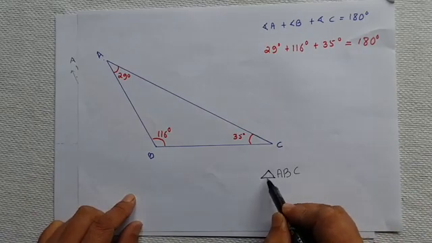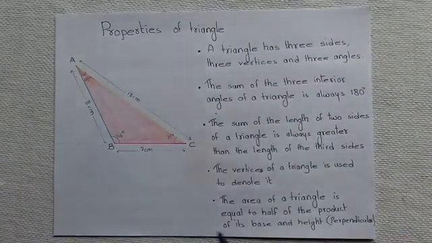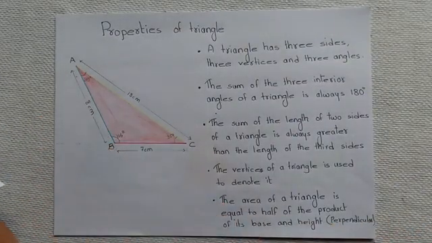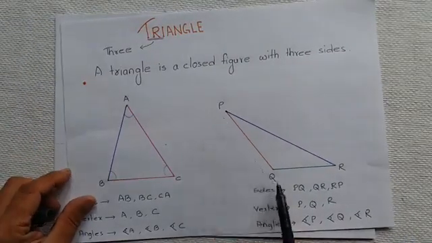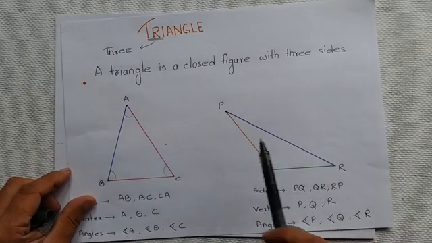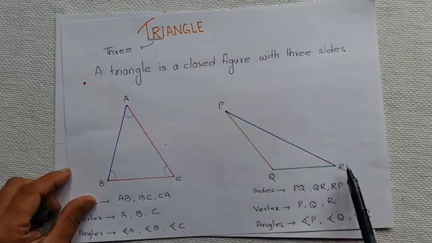The symbol is called delta, and it is used to denote a triangle. Here we have the triangle ABC. And I'll show you one more. Here we have this triangle, and the name of this triangle is PQR, triangle PQR, or you can say PRQ or QRP.